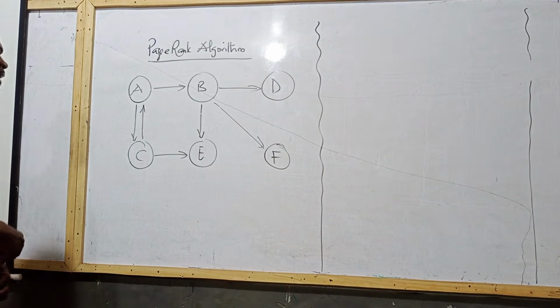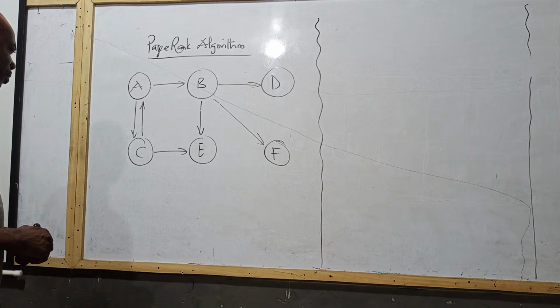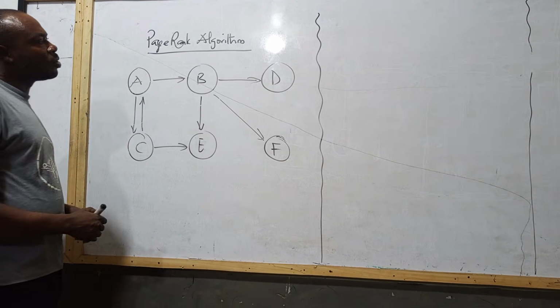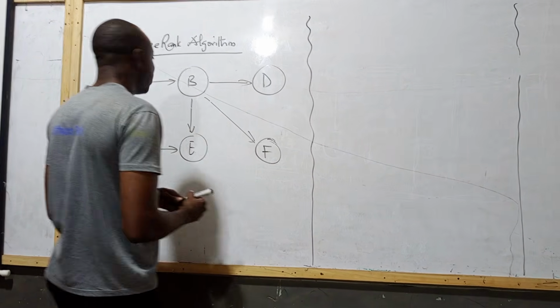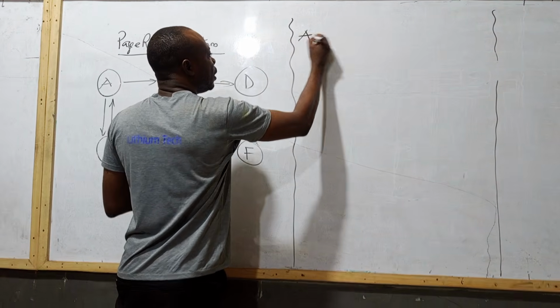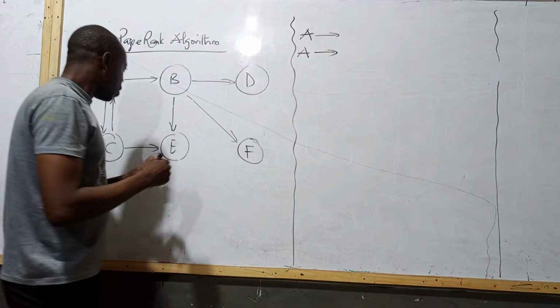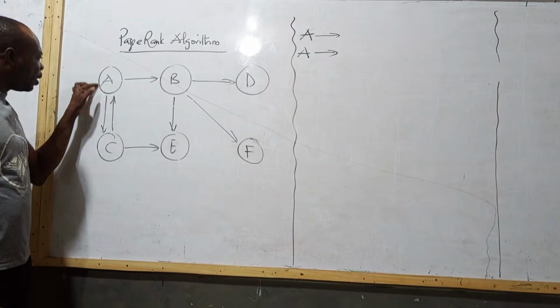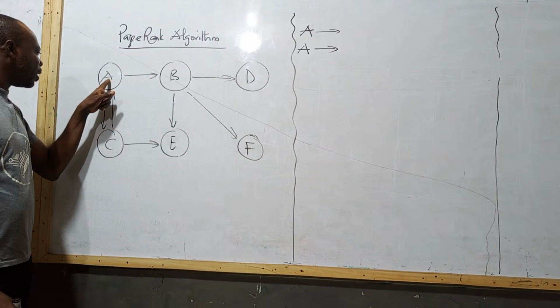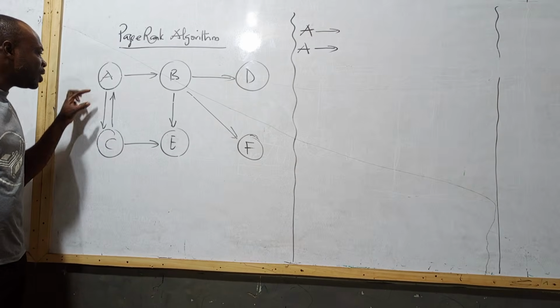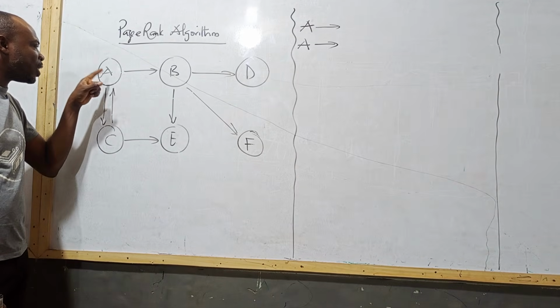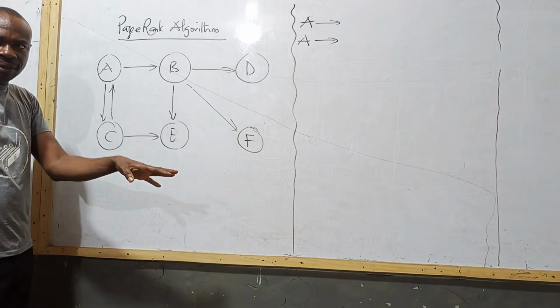Now let's look at our mathematical analysis here. First of all, let me look at how the arrows are being linked. A can link to something, and A can also link to another thing, because from A I can jump to B, and from A I can also jump to C. These are the only edges that connect A to other nodes.